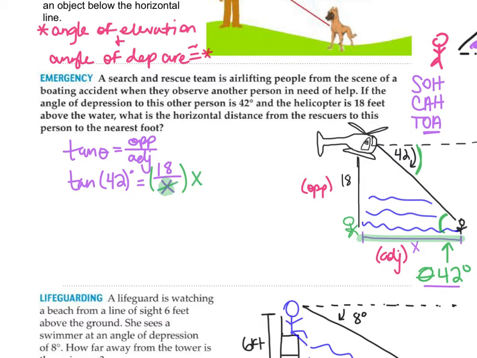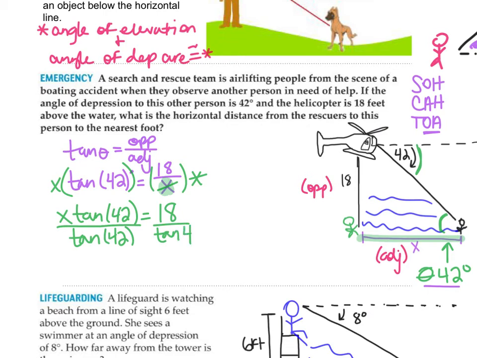But in order to isolate it, we need to get it away from the denominator first. So we multiply by x on both sides. That's going to leave us with x times the tangent of 42 equaling 18. And then last but not least, getting x by itself, we have to divide by tangent 42 on both sides. This will leave us with x equaling 18 over tangent 42.